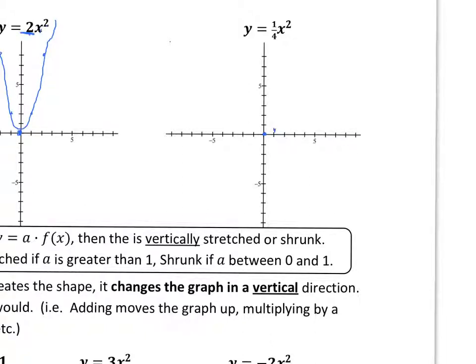Now what if I go right 2? I go up 2 squared, which is 4. What's 4 times 1/4? 1. So we go right 2 and up 1. And then the same thing on the left. Left 1, up a fourth. Left 2, up 1. So you can see how that flattens the graph out.